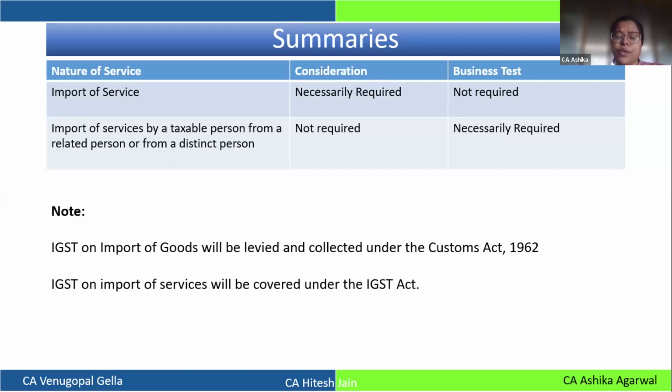I'm just limiting my discussion to RCM liability. So if a foreign company has given a corporate guarantee for an Indian company, then obviously it will qualify as import of service, and based on that, the Indian company would be liable to pay tax under RCM.